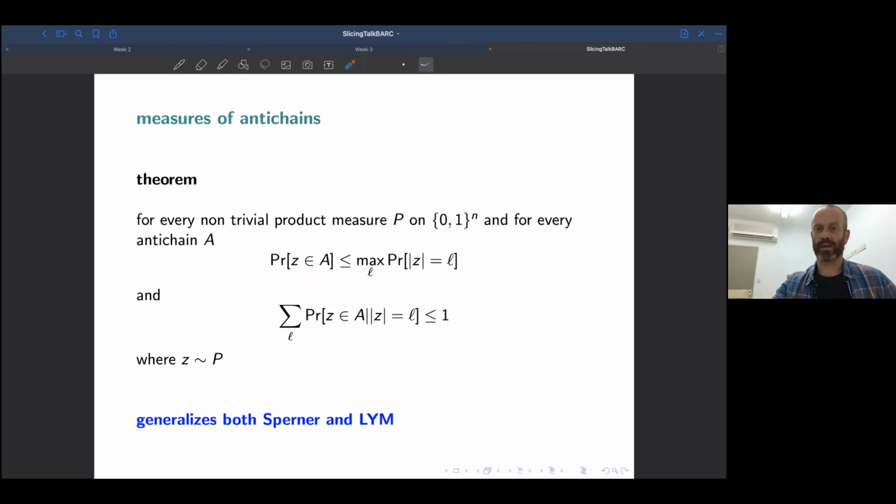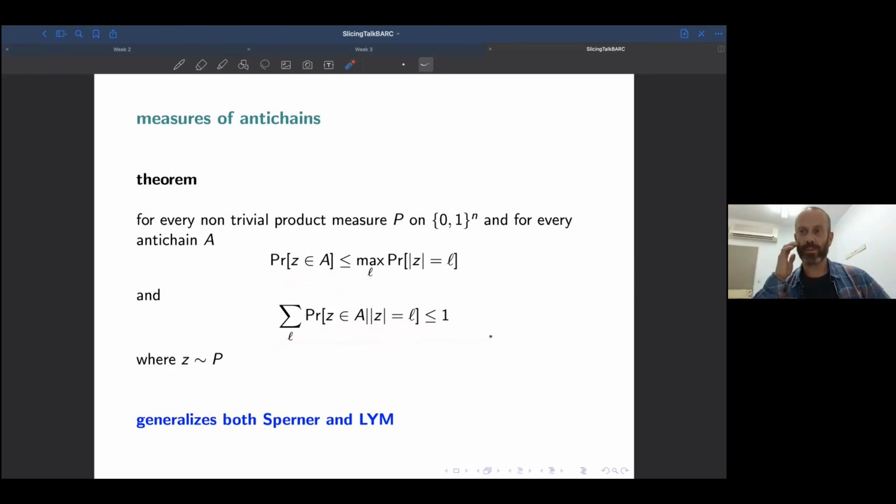This is a generalization of Sperner's theorem. And the LYM inequality has a simpler form. Instead of dividing, the actual thing is conditioning. In terms of algebra conditioning is dividing, but this is a different interpretation of the LYM inequality. So this is the second theorem.